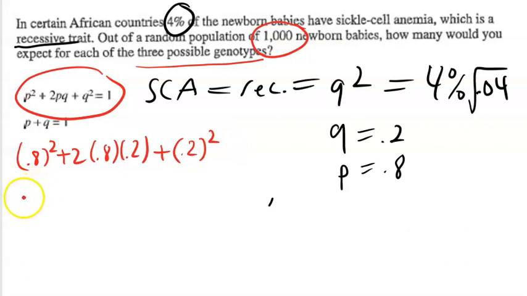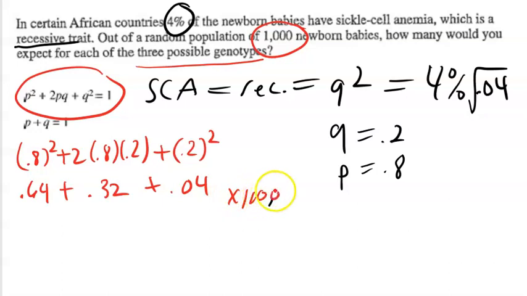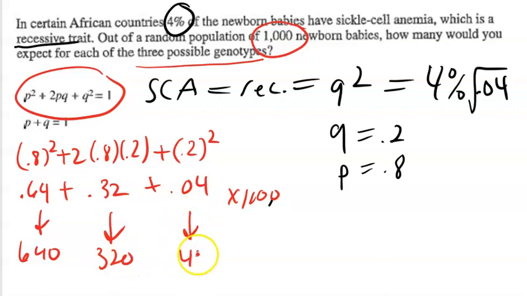When we do the math, it gives us the following frequencies for each of these genotypes: 0.64, 0.32, plus 0.04. When we multiply it times the population, which is 1,000, we see that there are 640 individuals that are homozygous dominant, 320 heterozygotes, and 40 homozygous recessives.